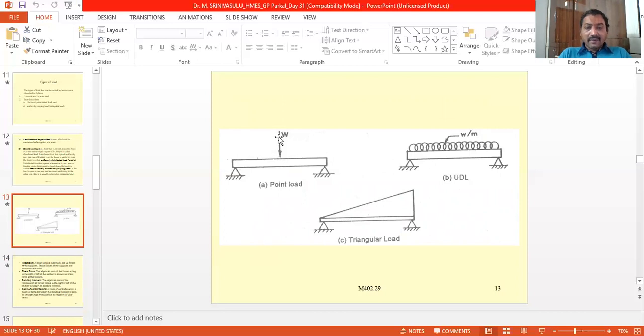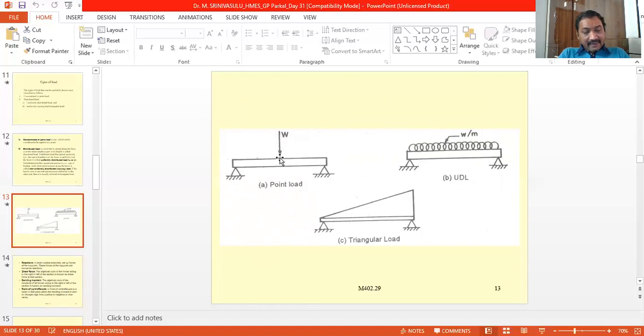Due to the action of this load on the beam, forces are also set up at the reactions, at the supports, to withstand this externally applied load.